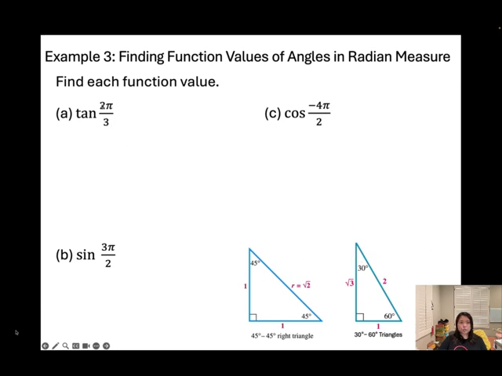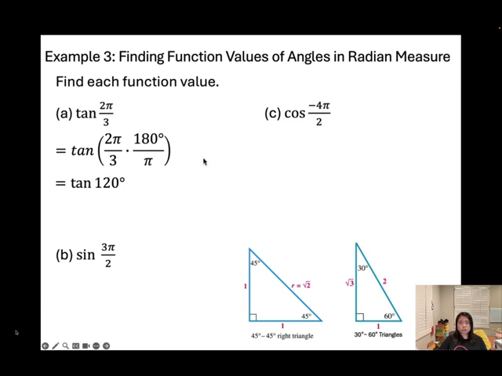Now, I have tangent 2 pi over 3. Let me convert it to the degree. I'm going to multiply by 180 divided by pi. Simplify it, you're going to get tangent 120. Okay, tangent 120. Remember that 120 will be in quadrant 2, right? Quadrant 2.